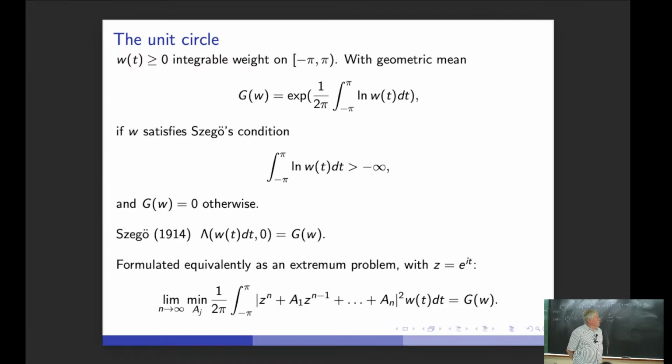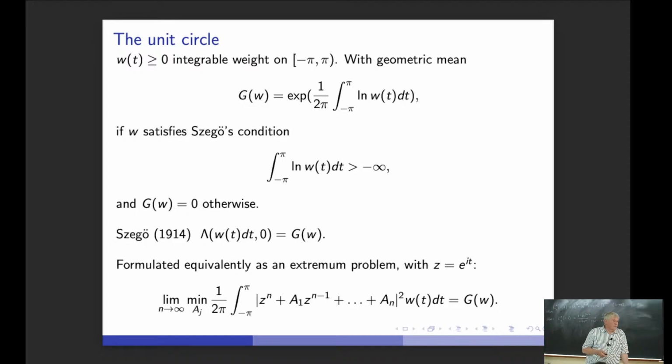Why is this so important? First, he computed in finite terms exactly the Christoffel function. Now we don't take the rotation invariant measure.